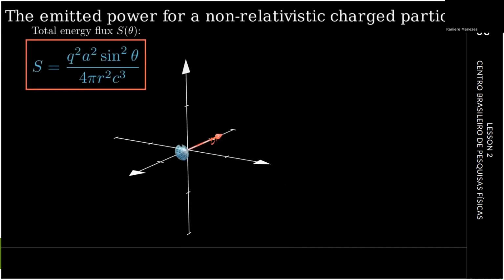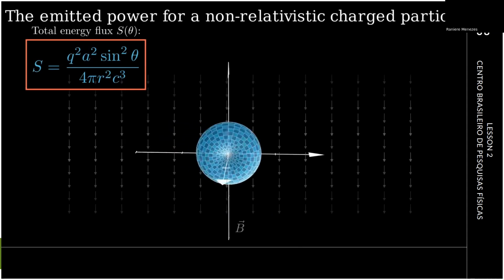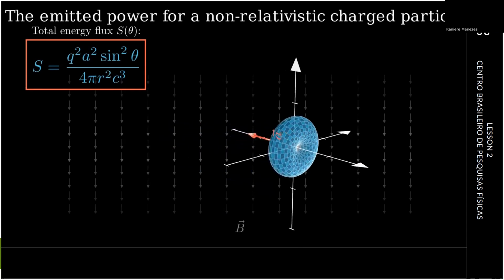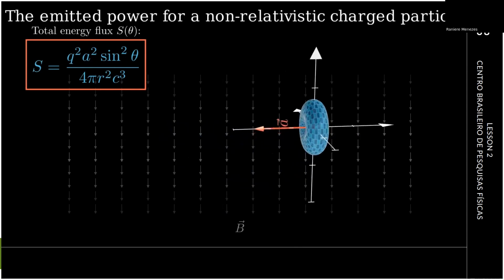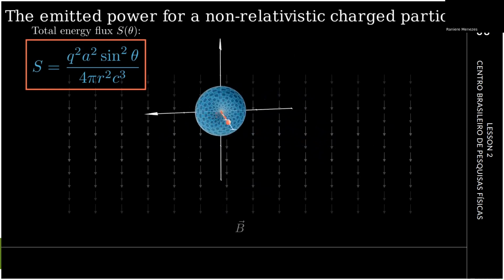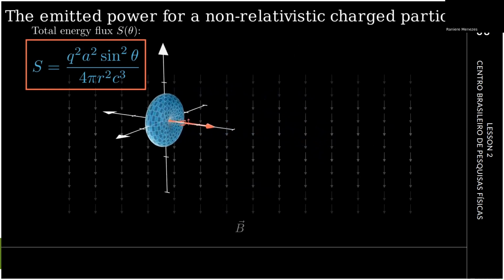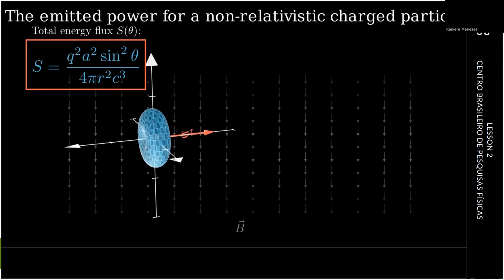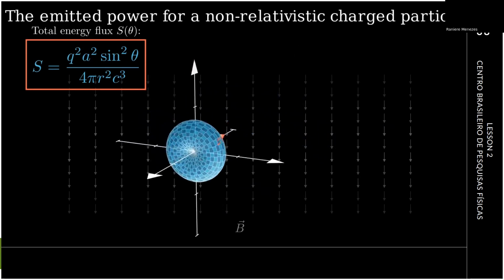Okay, this is more or less the picture. This is the formula for the radiation emitted, the energy flux. Imagine that the electron is in the center here, and it's going around this magnetic field. This donut shape here gives us the intensity of the Poynting vector.